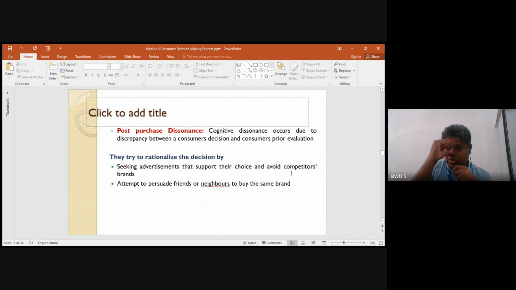However, we try to rationalize this decision. We seek some advertisement that contains information that may support our choice, that yes, we made the right choice. Sometimes we attempt to persuade our friends, our peer groups, our neighbors to buy the same product, same brand, just to make sure we have selected the right product, right brand.